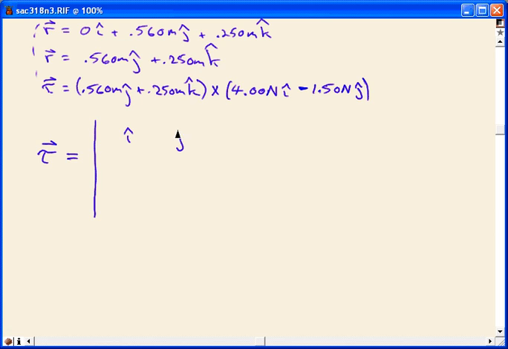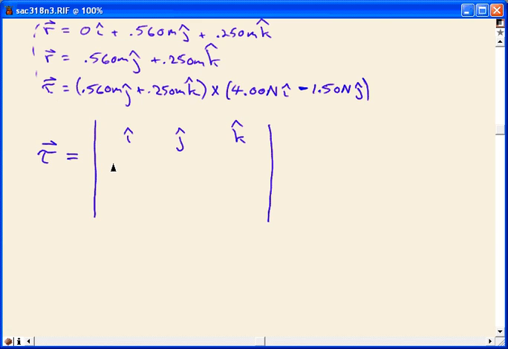So i, j, k. First thing you do, you've got to write down this row. This is an actual equation. This determinant is a real mathematical expression. It's not just a scratch pad. It's a different way of writing the cross product we've got up on this line.